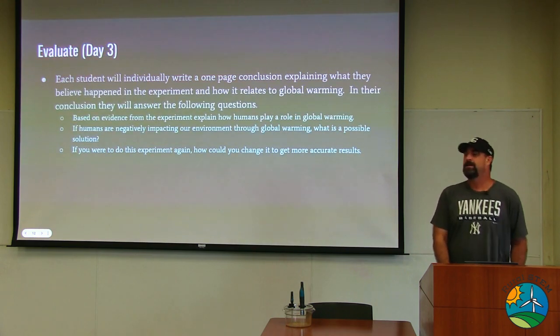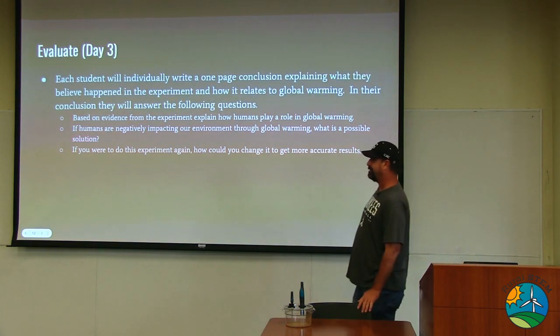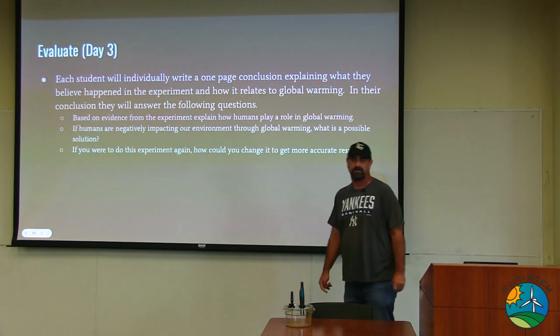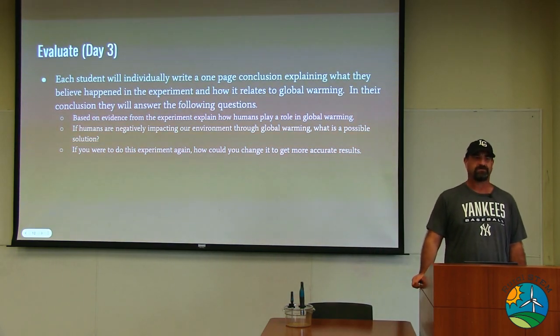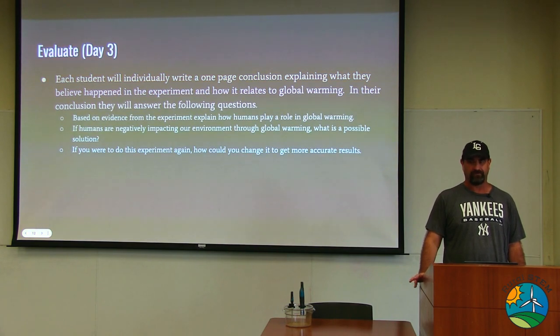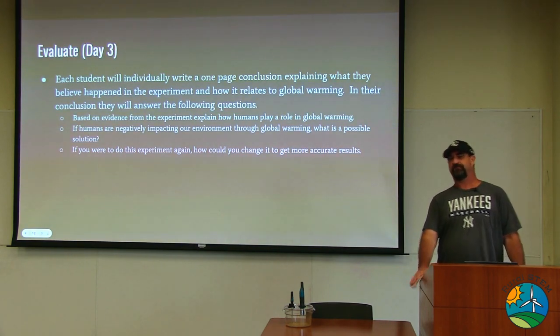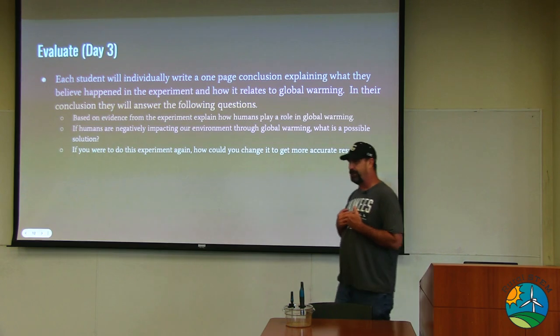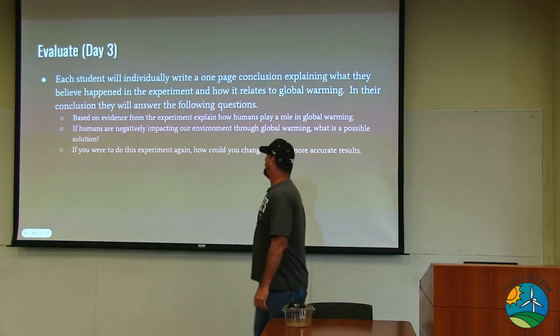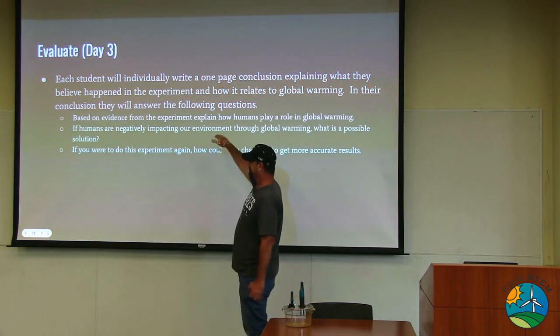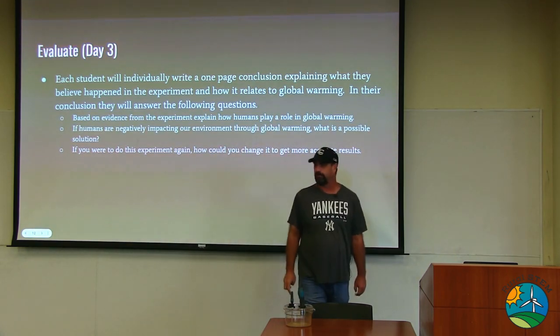Okay, day 3, and I do this with every activity I do. Students write a conclusion. It's not necessarily a conclusion, it's how they write what they think they've learned. It's my way to see, did we just play around for 3 days, or did they actually learn something? And I usually give them a few questions to guide them in their conclusion.